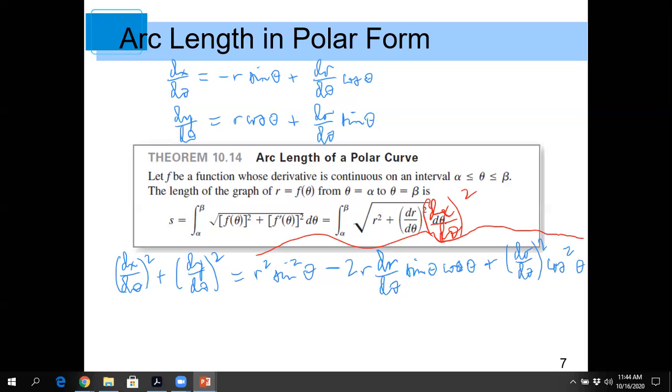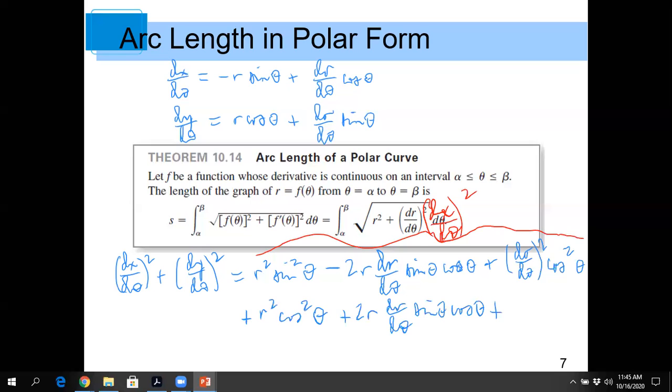What about the other stuff? It's going to be plus r squared cosine squared theta. And instead of a minus 2r dr d theta sine theta cos theta, what am I going to have? Plus 2r dr d theta sine theta cos theta. Okay?